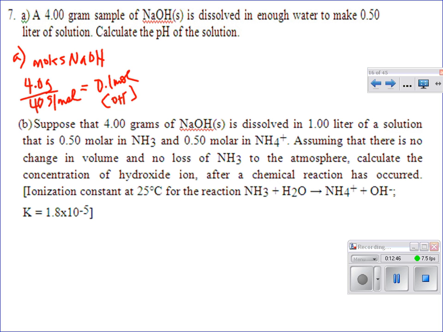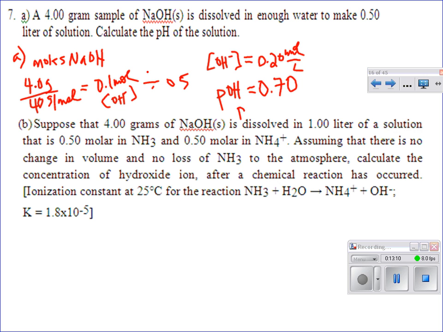So what do I do to this? Divide by 0.5. So I get an OH concentration of 0.20 moles per liter. Take the negative log of that. I get a pOH. I need 2 decimal places. They got 0.70. Therefore, pH is 14 minus that.